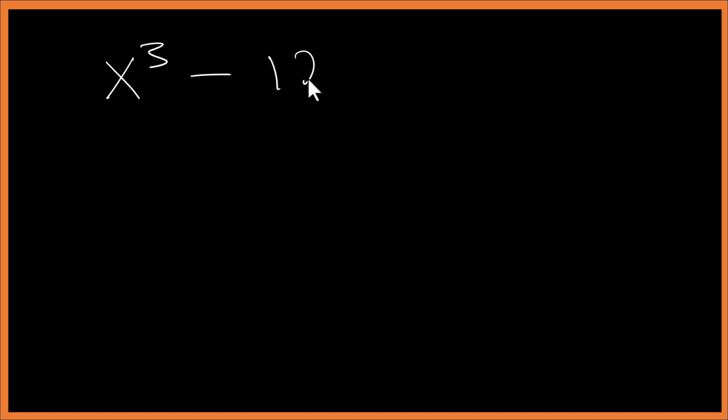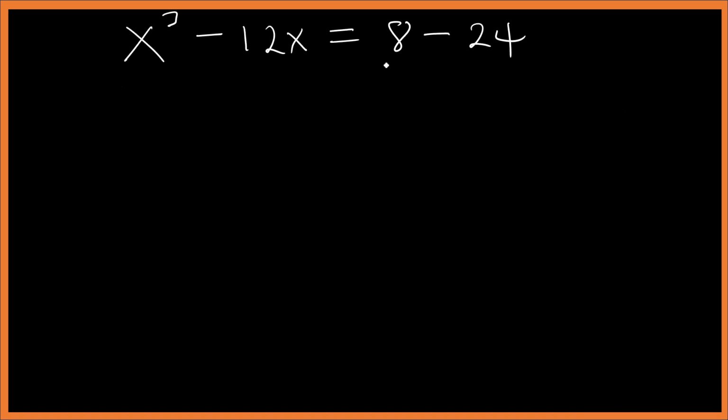So I have x cubed minus 12x equals 8 minus 24.